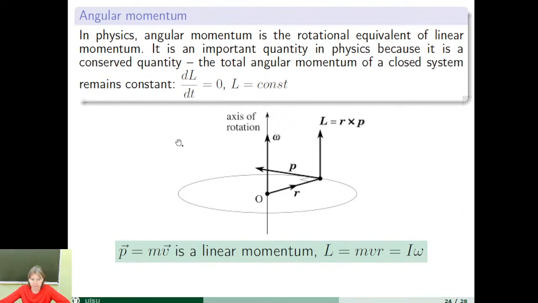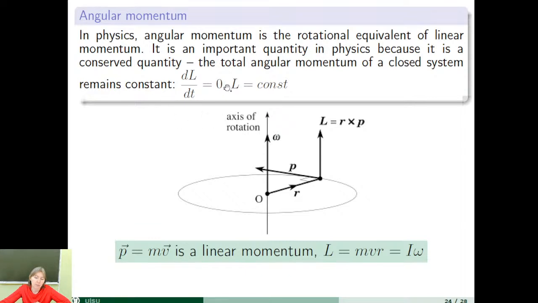Angular momentum. In physics, angular momentum is the rotational equivalent of linear momentum. It is an important quantity in physics because it is a conserved quantity. The total angular momentum of a closed system remains constant.